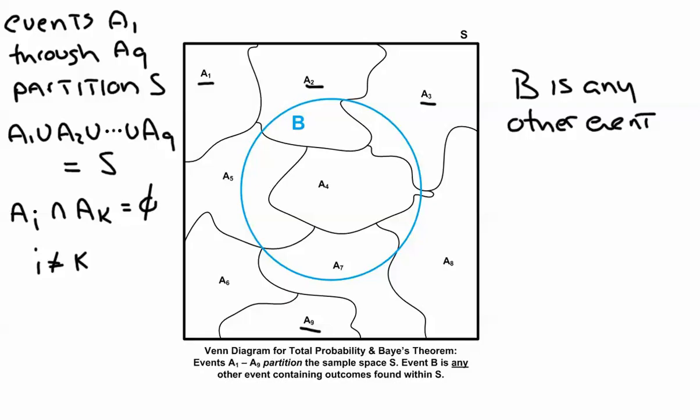All right. So let's write down some true statements, referring back to the previous figure. Event B can be written as B intersect the sample space. Any event equals itself intersected with the sample space.